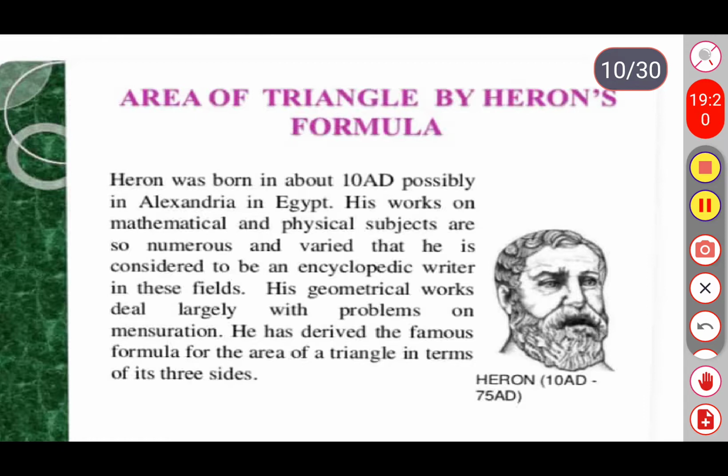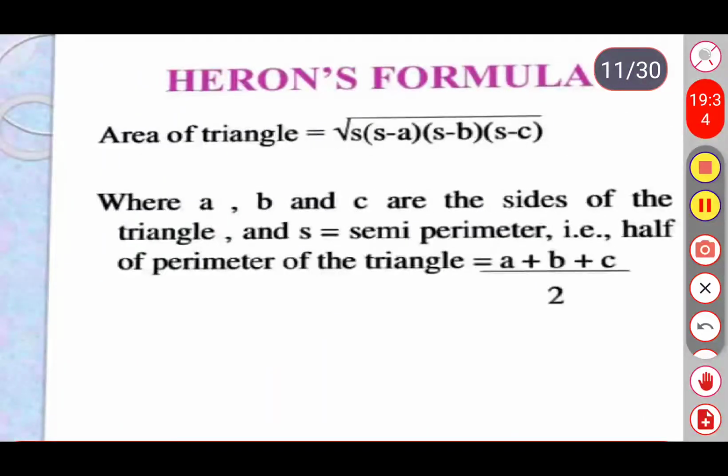So for that unequal sides triangle, you can easily calculate the area by using Heron's formula. Heron's formula is given here.